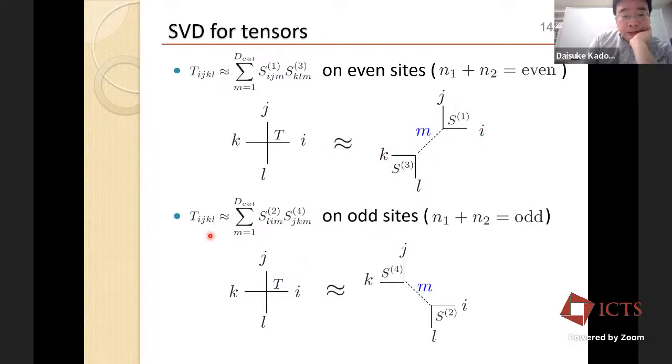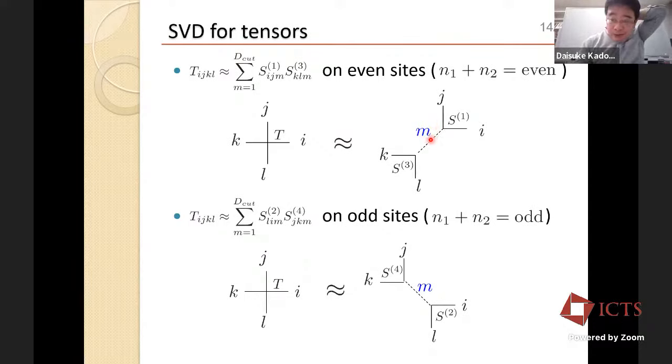There is another decomposition for tensors on odd sides, and the new index M appears between IL and JK for tensors on odd sides. Okay, and without the truncation, M runs from 1 to D square.